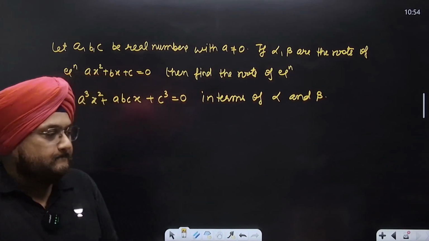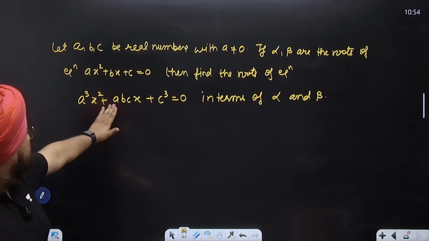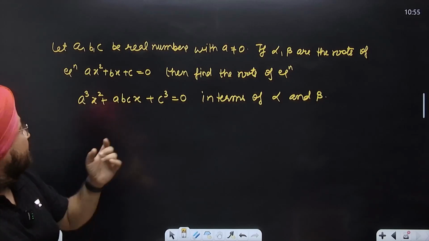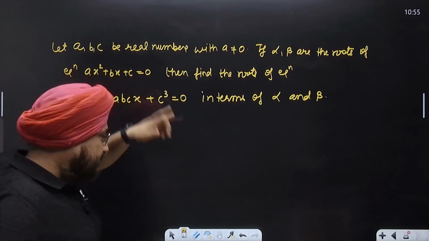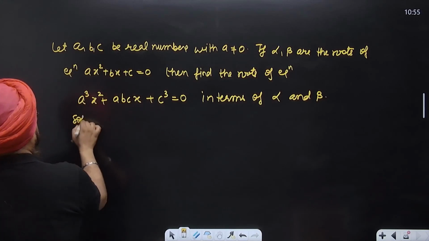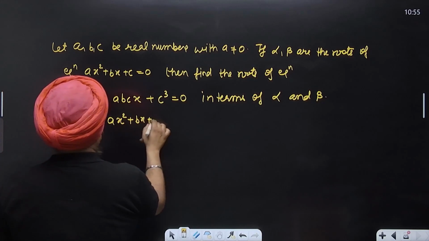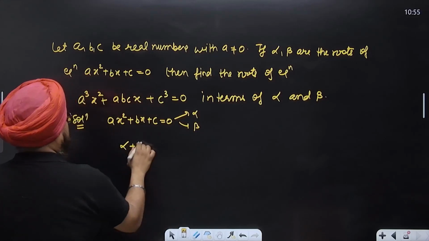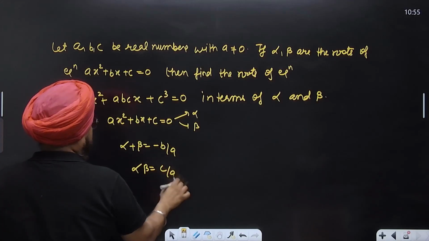Okay, so what we will do, we will try to express this equation in terms of sum of roots and product of roots. See, ax square plus bx plus c equal to 0 has roots alpha and beta. Alpha plus beta is minus b by a, alpha beta is c by a.